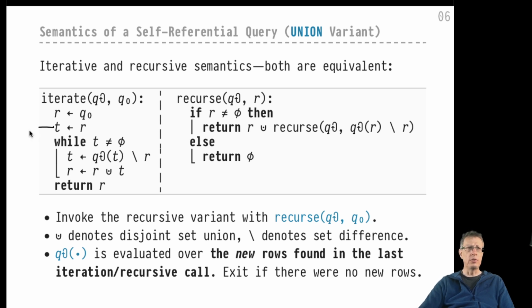In t, you will find those rows that have been added during the last iteration. So when we enter this entire routine, there has been no iteration, but there has been an iteration of Q0. So we define the result of Q0 as the initial result of the first, the zeroth, say, iteration of this entire query block.